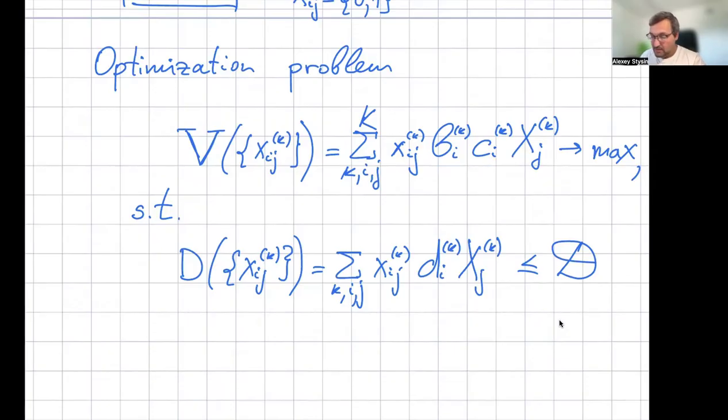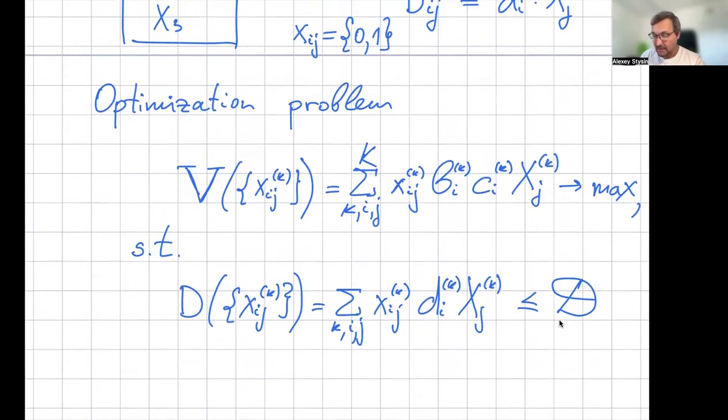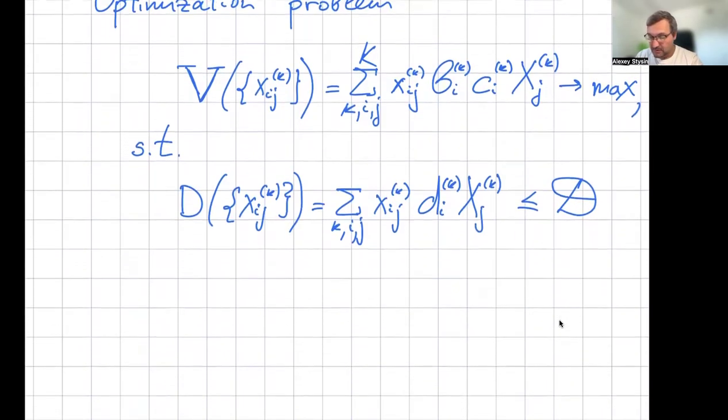Okay, so currently this optimization problem is an integer optimization problem because we have these assignment variables as the discrete set. So we have only the choices of 1 or 0. And the typical thing to do here to simplify this optimization problem is to assume the linear relaxation of this problem.